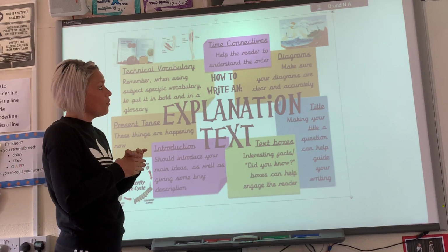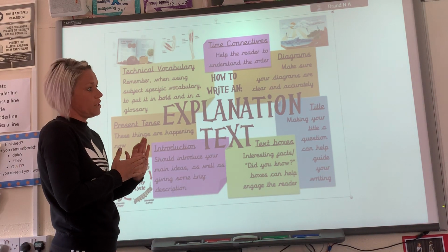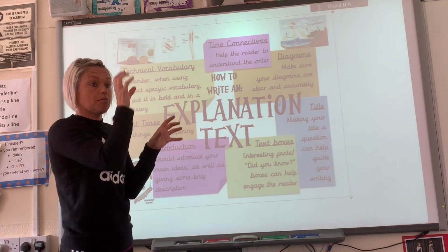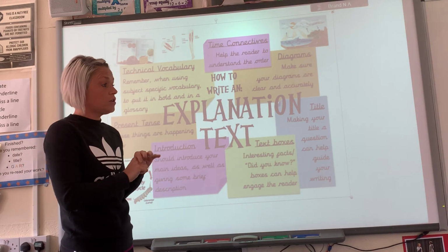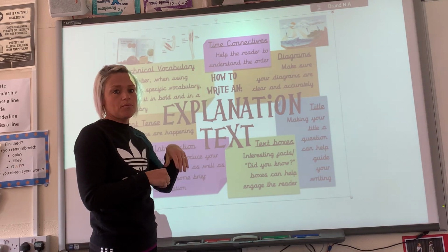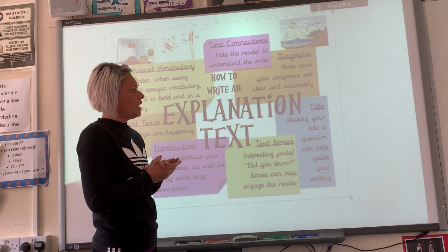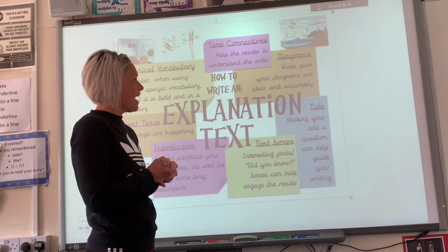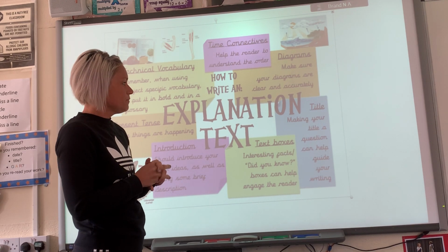Time connectives help the reader to understand the order. It's not like your information text in the sense that people will jump all over with this one. People will read through it in order. So your time connectives will help people to understand that. Diagrams, so make sure your diagrams are clear and accurately labelled.